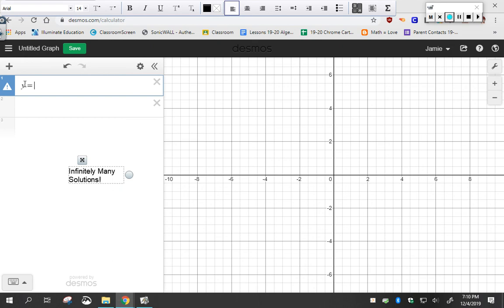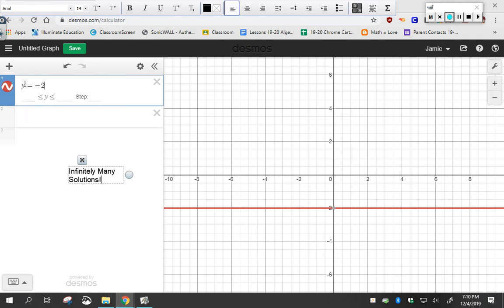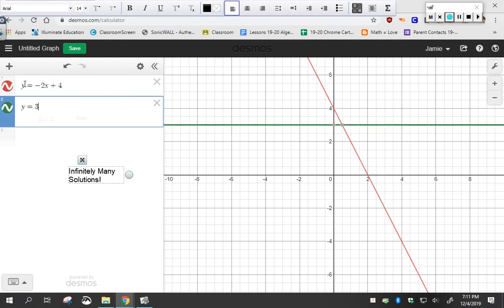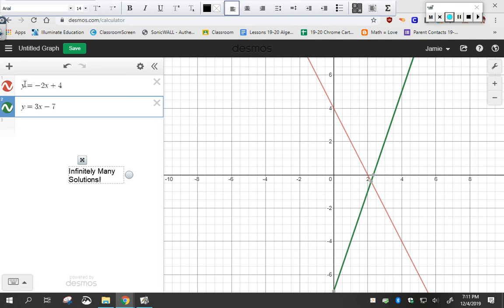One solution has different slopes. Because they have different slopes, those lines will be angled differently, so they'll only cross through each other one time. So let's do y equals negative 2x plus 4, y equals 3x minus 7. And we can find their intersection point right there.